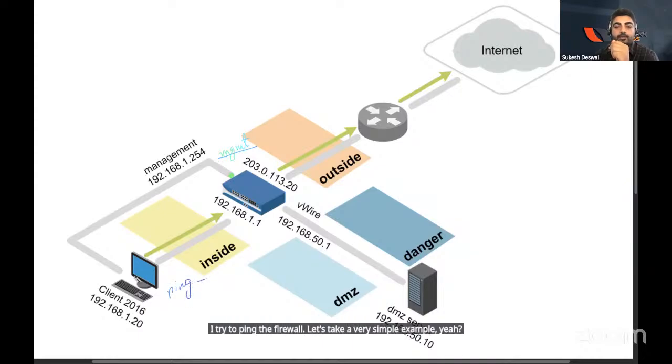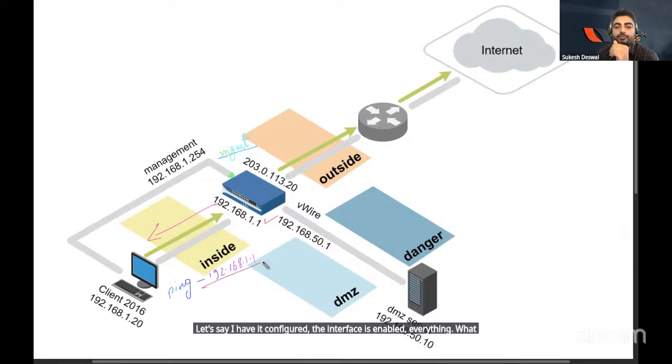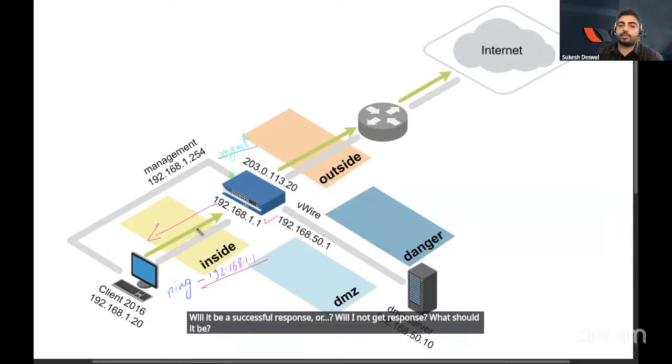From this PC here, I say 192.168.1.1. I ping. Let's say I have it configured, the interface is enabled, everything. What do you think the response should be? Will it be a successful response, or will I not get a response? What should it be as per you guys?